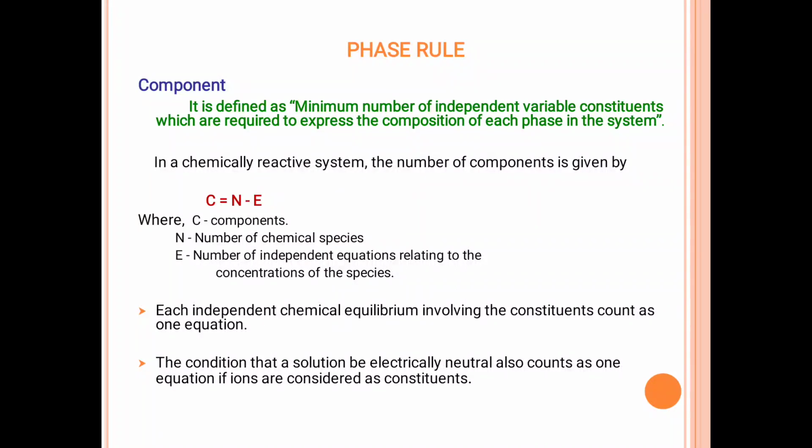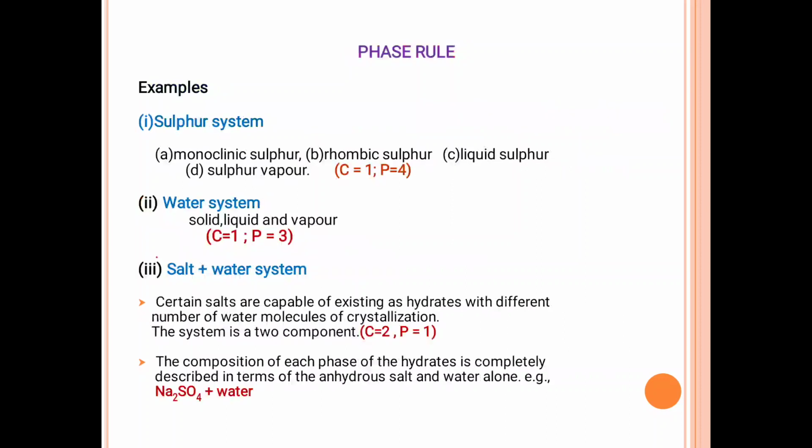The chemical composition of all the three phases is H2O but they are in different physical forms. Hence the number of components here is 1. So each independent chemical equilibrium involving the constituents counts as one equation. The condition that a solution be electrically neutral also counts as one equation if ions are considered as constituents.